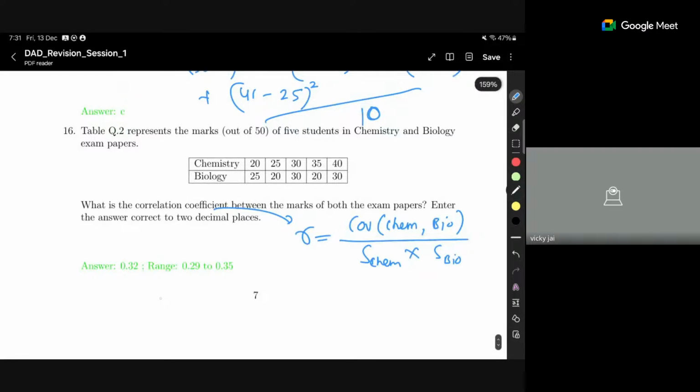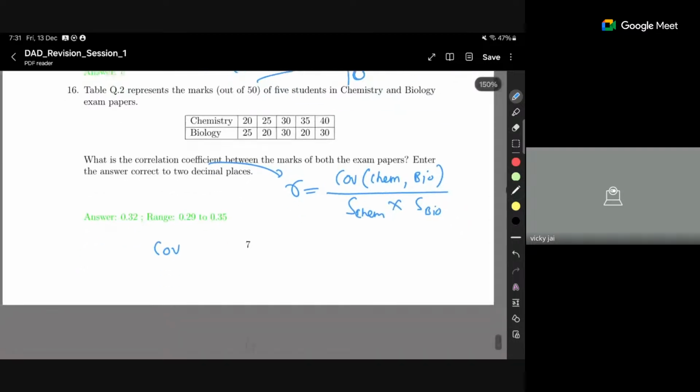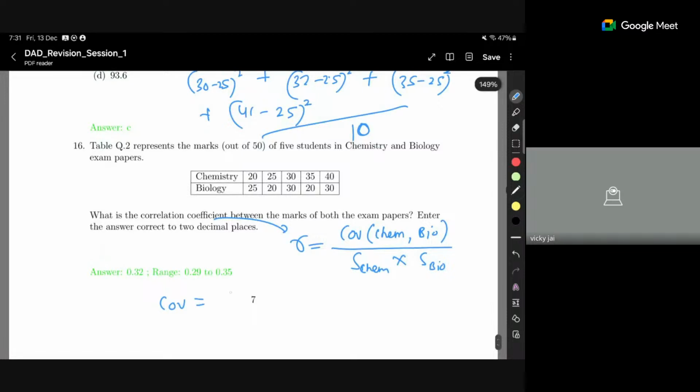And covariance, if you don't know, let's say I consider this as x, this is y. I'll figure out the mean of x and represent it as x bar, and I'll also compute the mean of y, which is y bar.